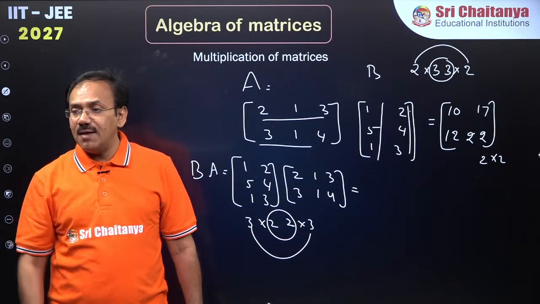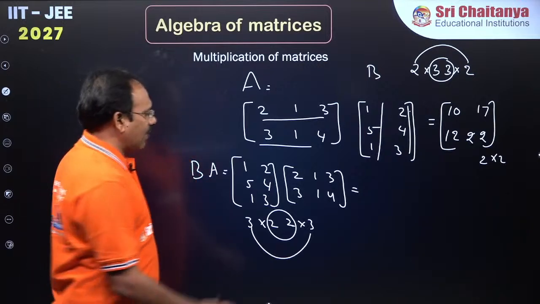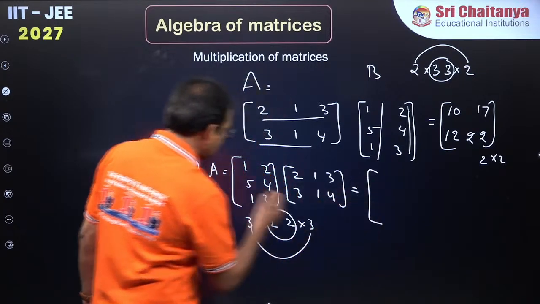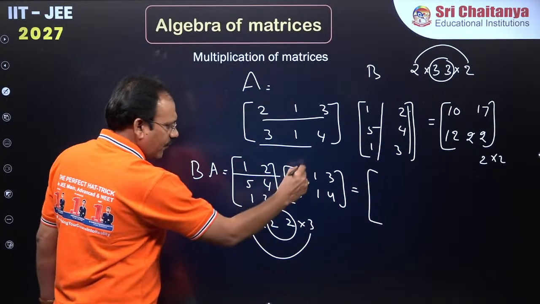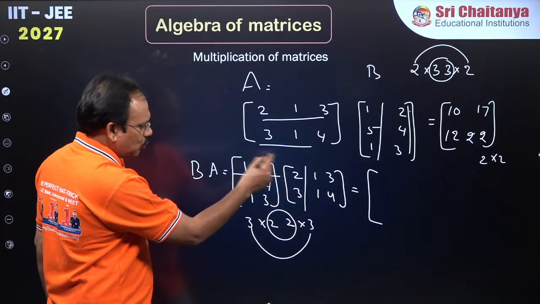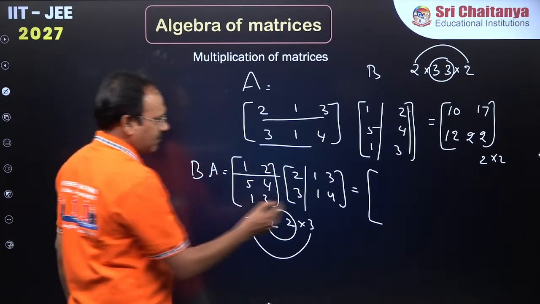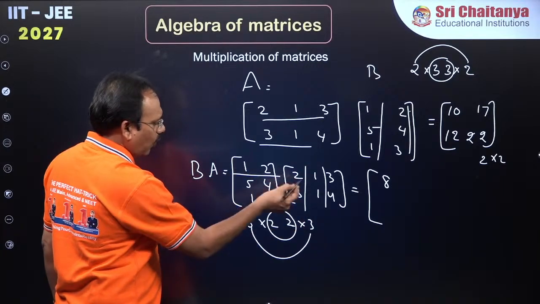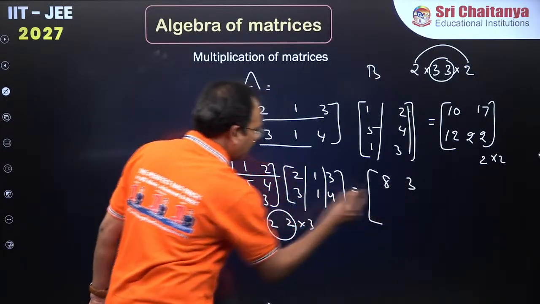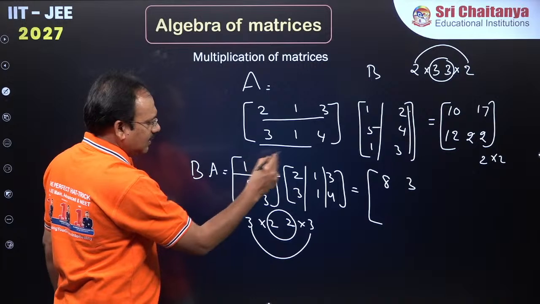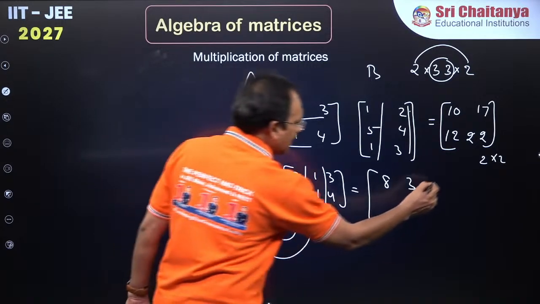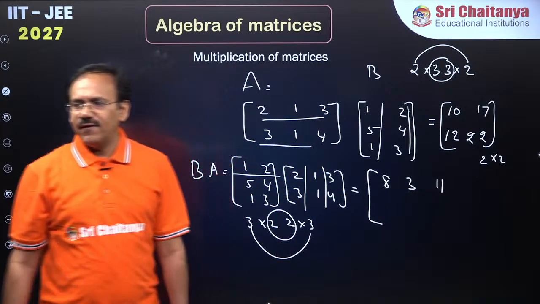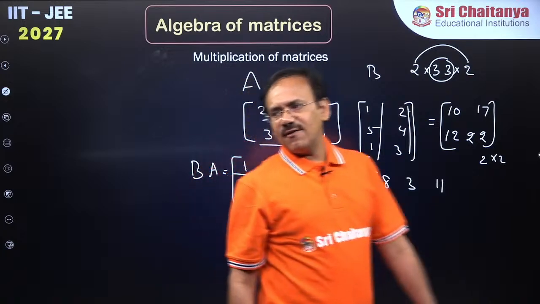Now multiply. First row, first column: 2 plus 6, which is 8. First row, second column: 1 plus 2, which is 3. First row, third column: 3 plus 8, 11. That's all, the first row is done.